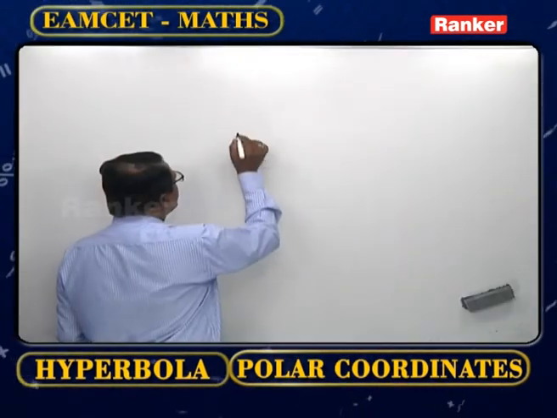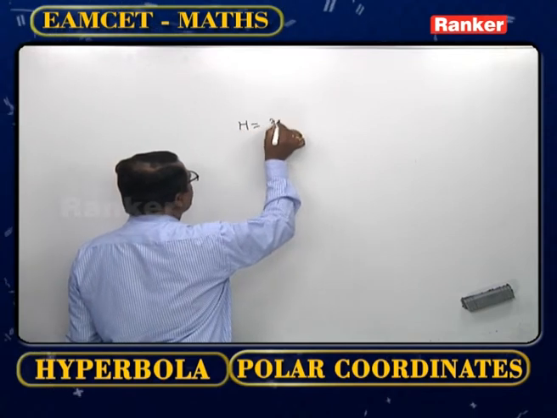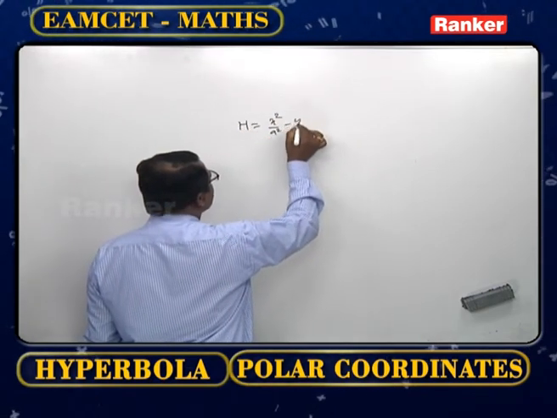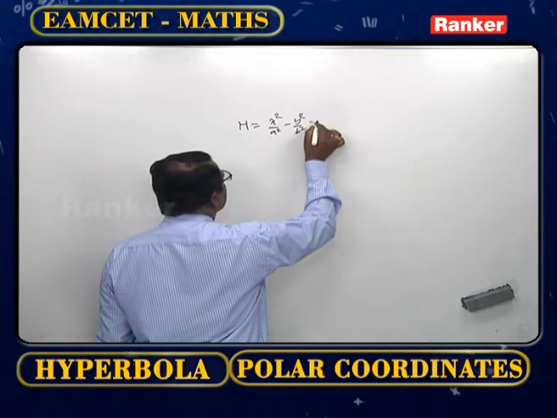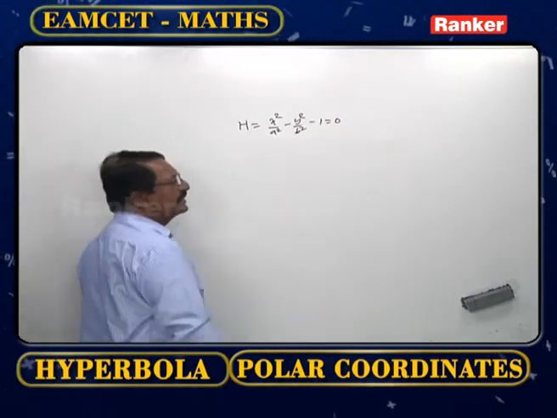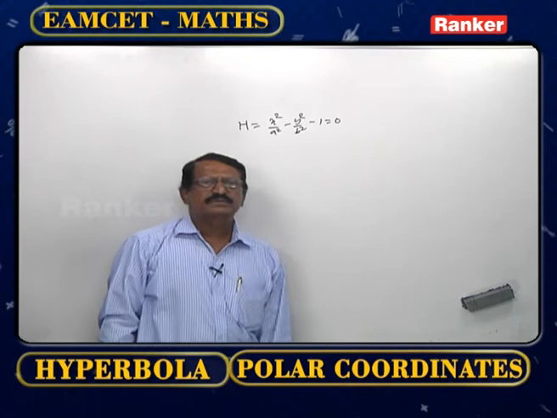Consider the hyperbola equation with h equals 0: x square by a square minus y square by b square minus 1 equals 0.